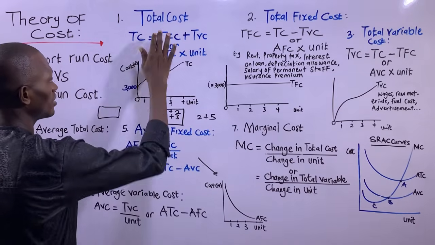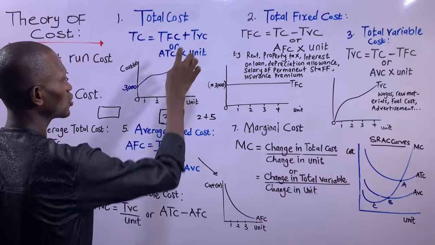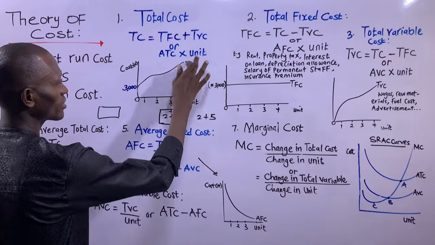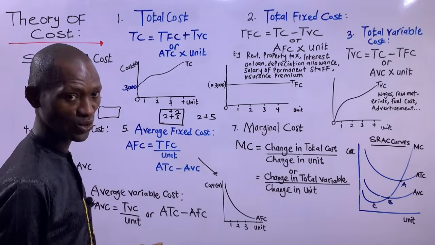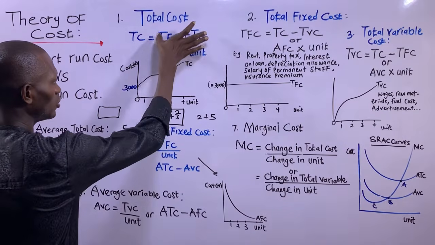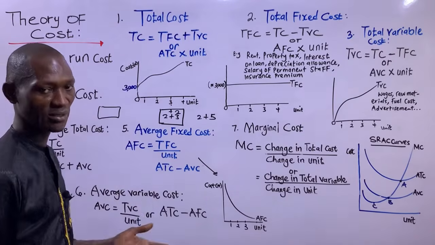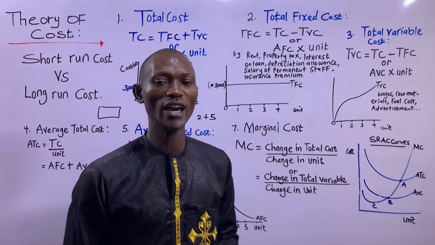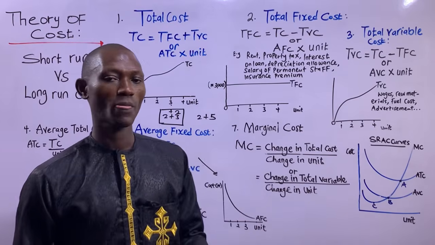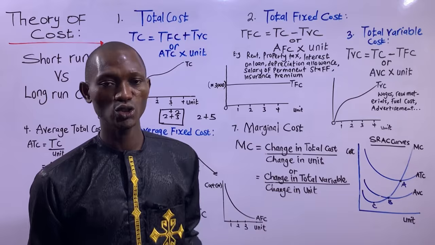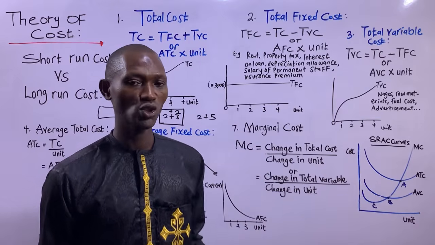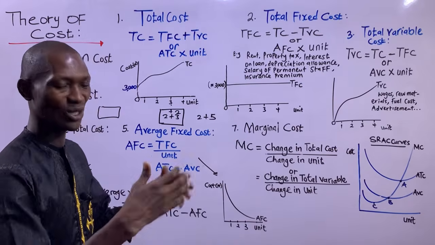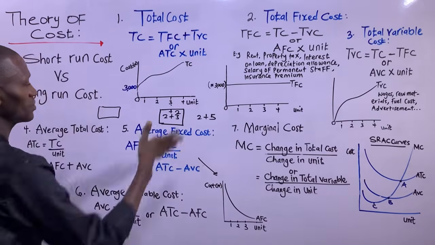Total cost is gotten by total fixed cost plus total variable cost, or average total cost times units of output produced. So it's either you use this or this, you are going to get the same thing with respect to total cost. Examples of total cost: total material cost, total labor cost, total rent cost, total fuel cost, total advertisement cost, total wages cost, and all that. That's with respect to total cost.